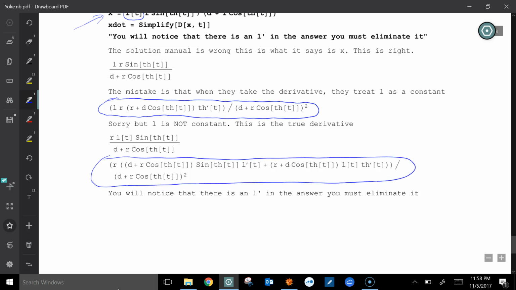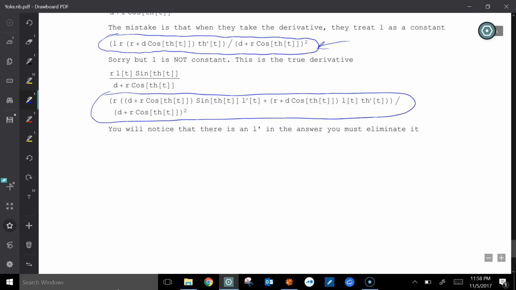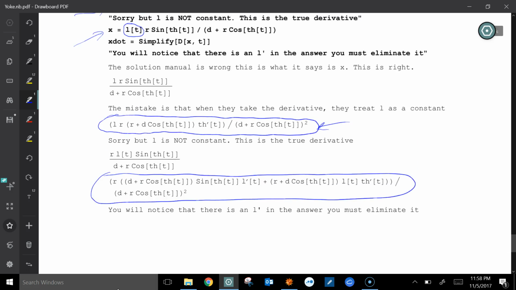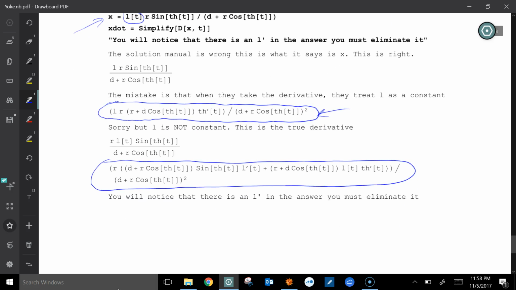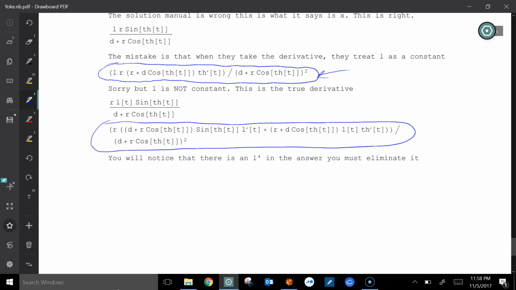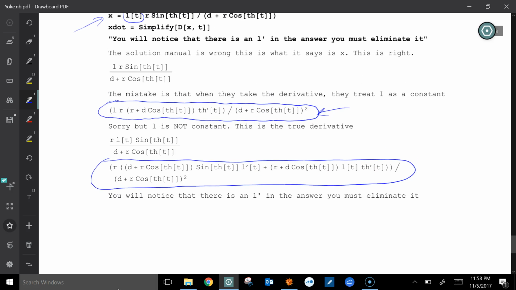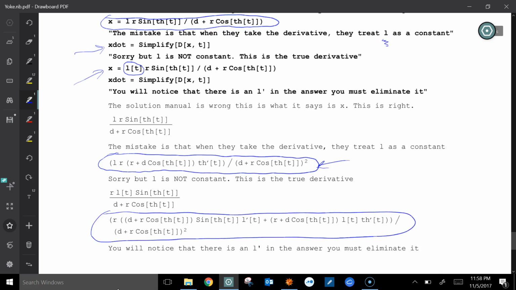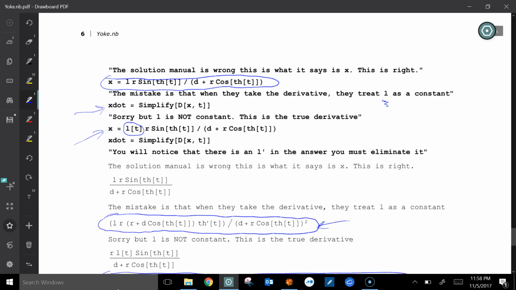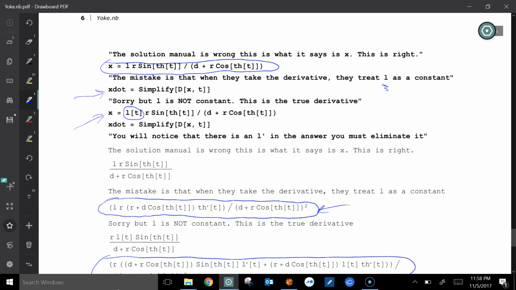And if you notice, this is a lot worse than this one. This is the answer they're expecting you to punch into the mastery to get the solution, but that's not right because they didn't take the derivative properly. And when you take the second derivative, it's even worse because of L being a variable. So that's the problem with that.